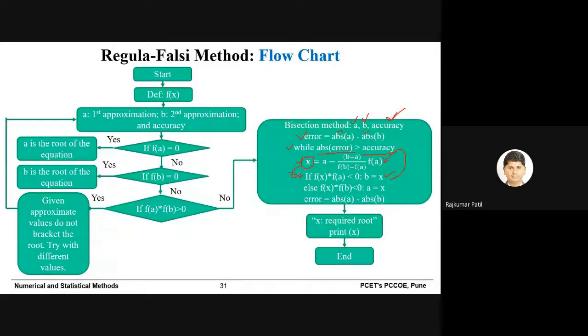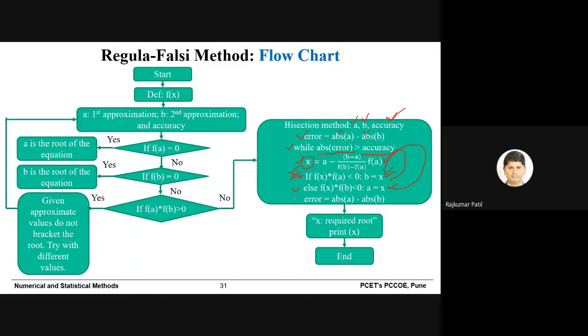If this condition is not true, then we check if the product of f of x and f of b is less than 0. If this condition is true, then we assign a equal to x, so that again the situation remains the same, that is, the root lies between a and b. Again the program will repeat the procedure.